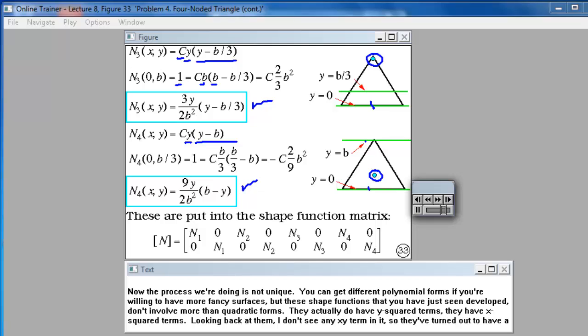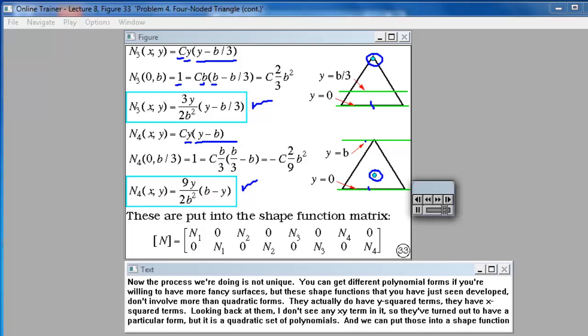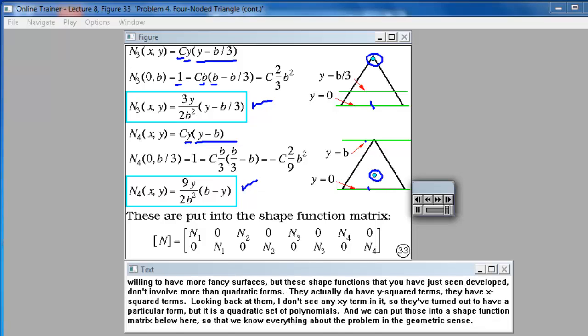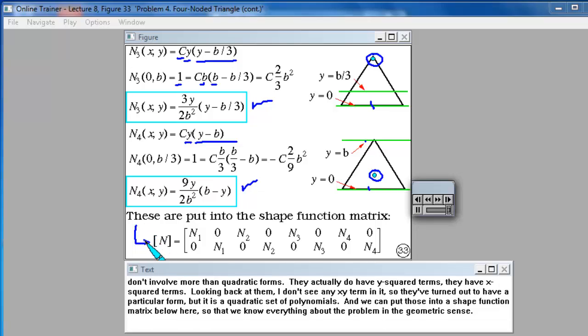They actually do have y squared terms. They have x squared terms. Looking back at them, I don't see any xy term in it. So they've turned out to have a particular form, but it is a quadratic set of polynomials. And we can put those into a shape function matrix below here so that we know everything about the problem in the geometric sense.